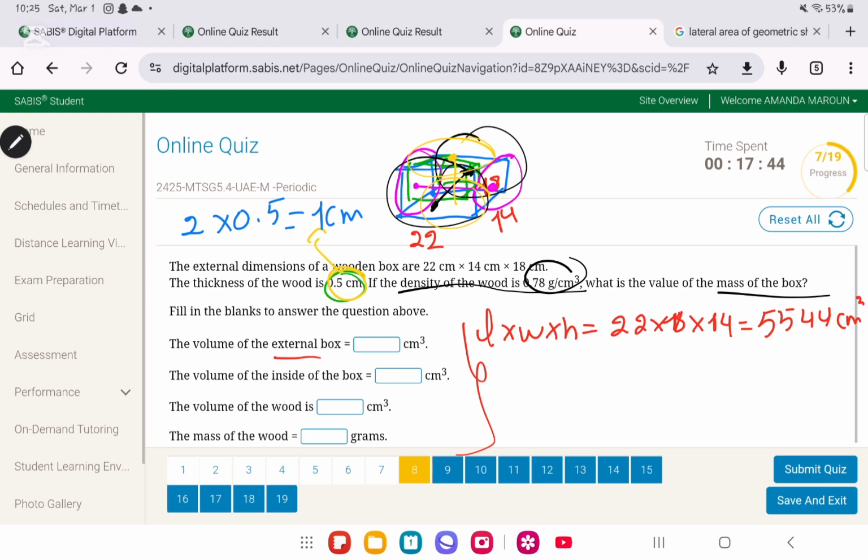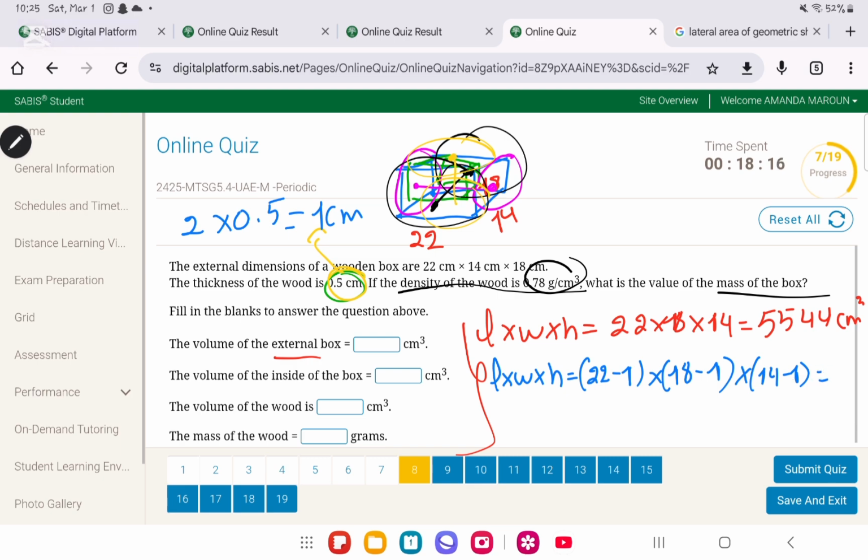So we're not going to subtract 1 centimeter from the total volume. Instead, from each of the sides, we're going to subtract 1 centimeter. So it is going to become length times width times height, but here it is 22 minus 1, times 18 minus 1, times 14 minus 1.